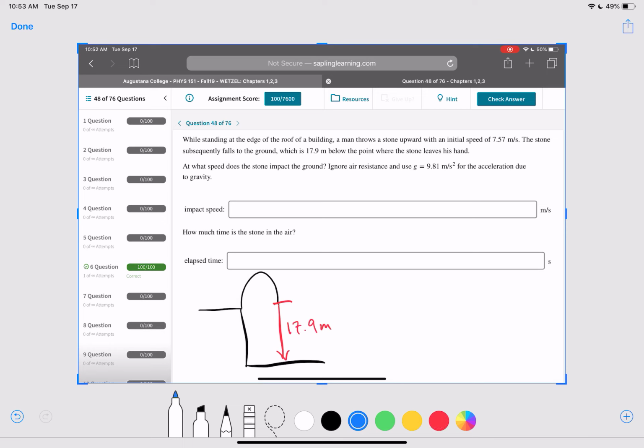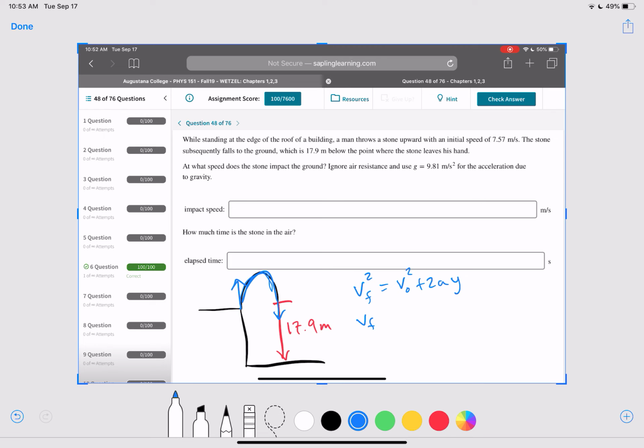We're going to go ahead and ignore this whole upper thing because we don't care about it, because we know the initial velocity here equals the initial velocity there. When you toss something up, it comes back down, and when it passes the point where you tossed it up, it's the same speed. Okay, so what speed does it impact the ground? V final squared is equal to V initial squared plus 2ax, or 2ay.